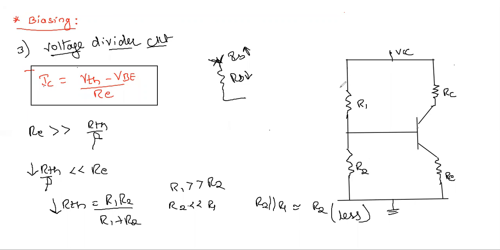So overall the equivalent resistance RTH is very less, but R1 is high when compared to R2, so the value of IB will be within the limits.